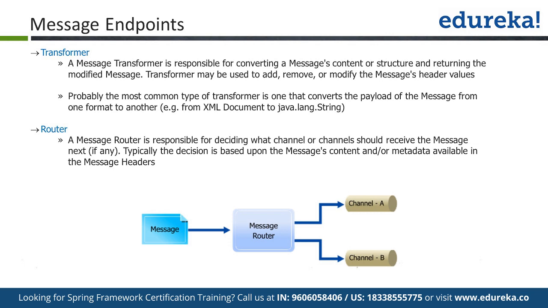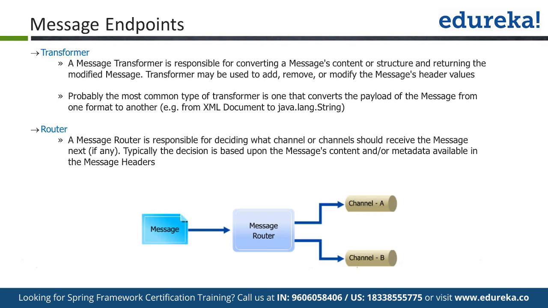Probably the most common type of transformer is converting the payload of the message from one format to another, like XML to string, string to JSON, JSON to object, or object to JSON. So these kinds of conversion you can do with the help of transformer, which can transform your incoming messages.